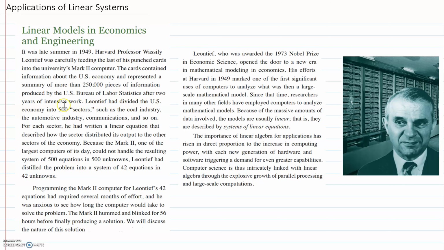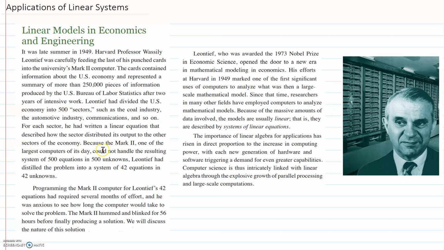Leontief had divided the U.S. economy into 500 sectors, such as the coal industry, the automotive industry, the communications, and so on. For each sector, he had written a linear equation that described how the sector distributed its output to the other sectors of the economy.